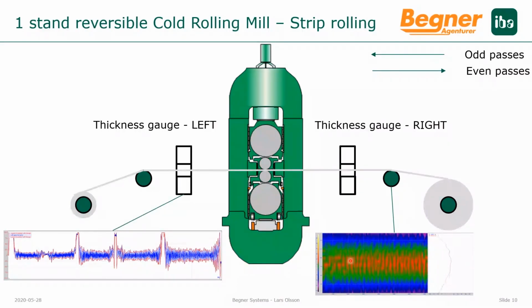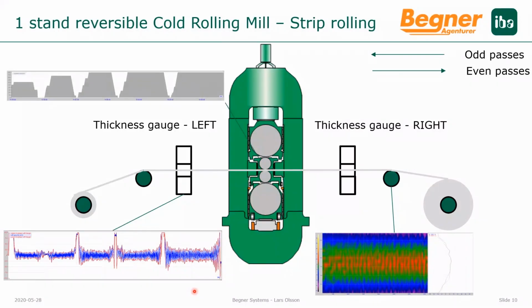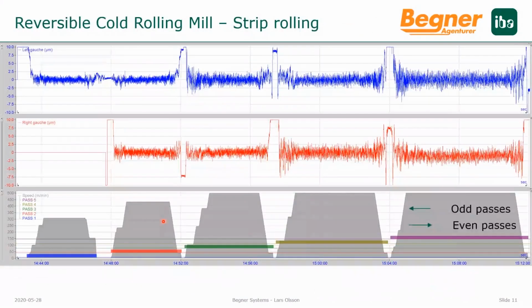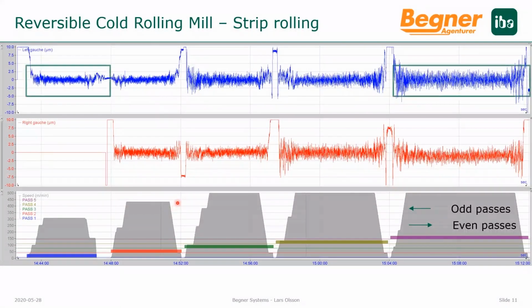This is a thickness deviation profile showing the deviation from the nominal thickness for pass 1, 2, 3, 4, and 5. And this is a speed profile of the 5 different passes. But we will look closer at this, because what I will do today and show you step-by-step inside the ibaAnalyzer is to compare the thickness deviation from pass number 1 with pass number 5.